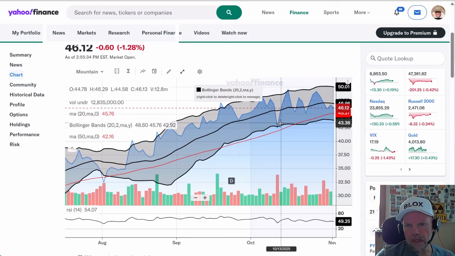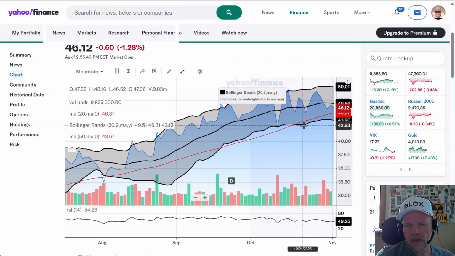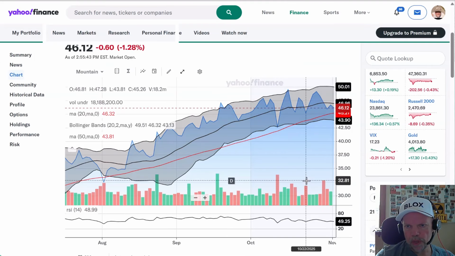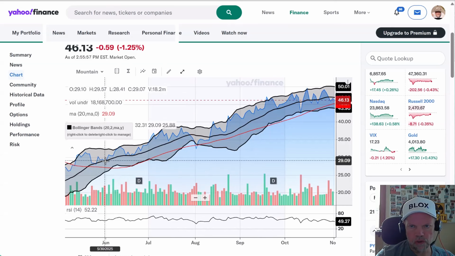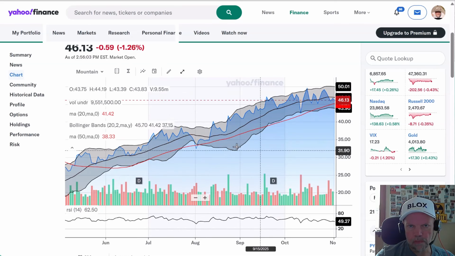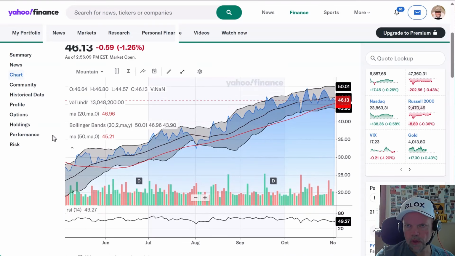So what I'm guessing is I don't necessarily want to buy these, but if I do buy them, I want to decide what price does it need to go to before I'm happy buying it. I'd be really happy if it was way down here. If I go back a little bit, back in June, it was down to 28. So this is triple leverage. This moves triple the amount that the Russell 2000 will move.